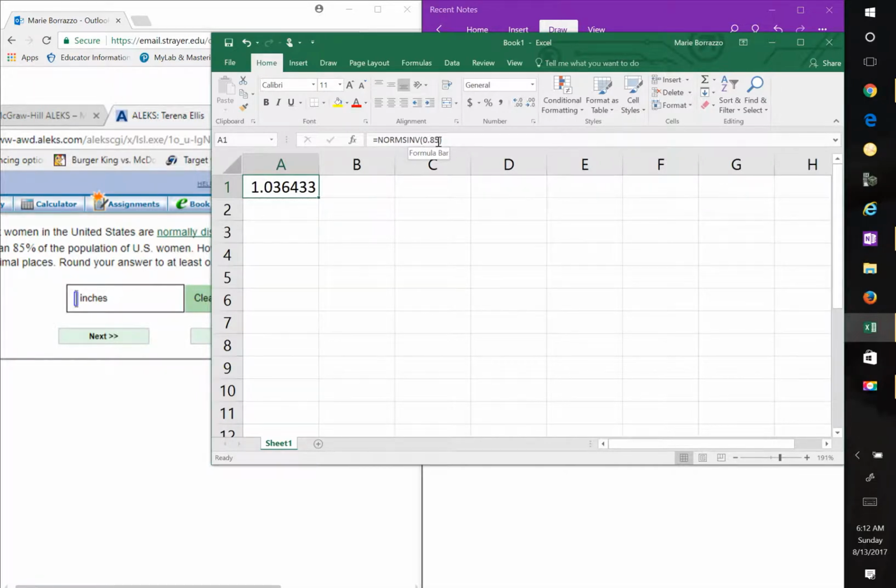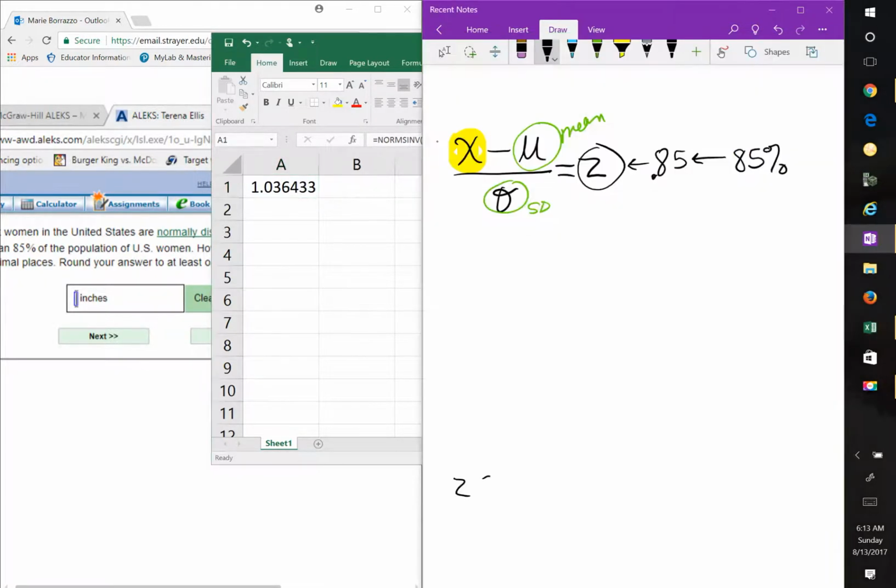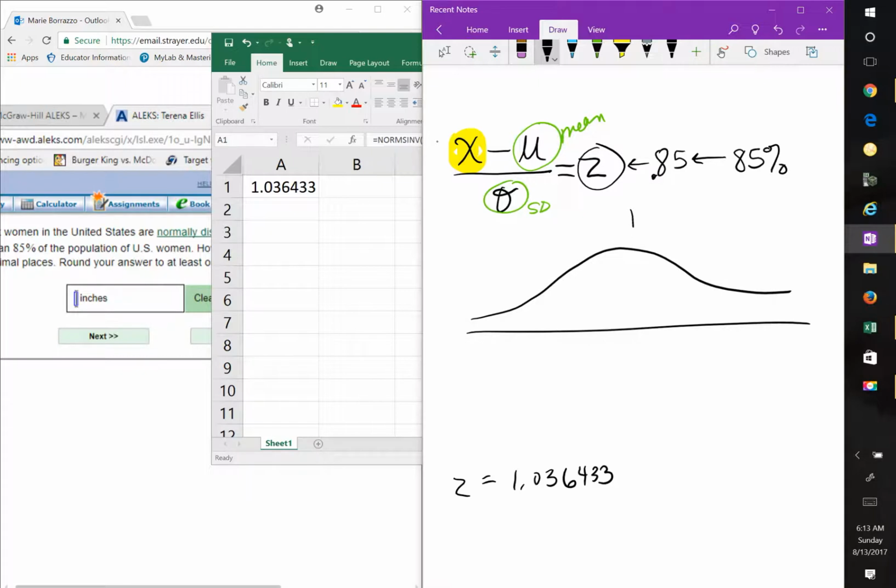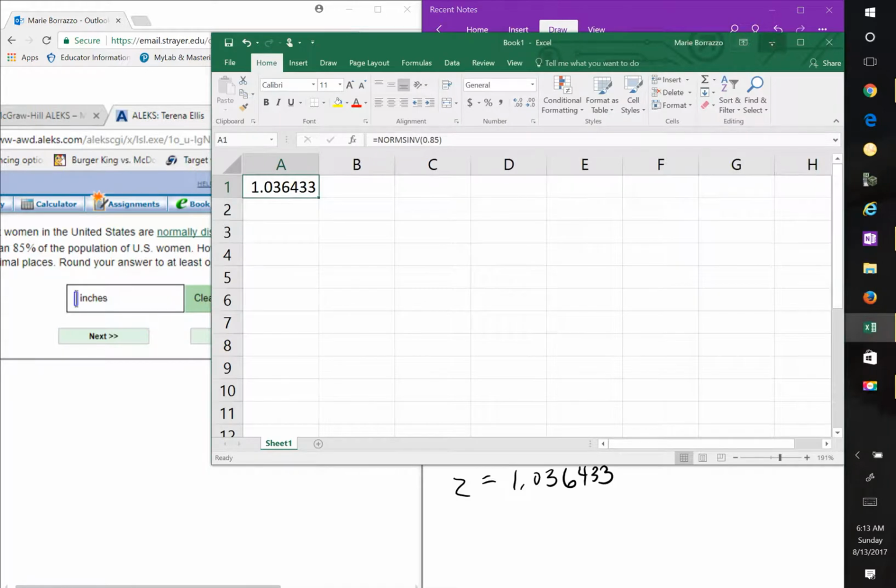Now what I need you to understand is that the Z-score, which in this case we computed to be 1.036433, if I'm looking at this diagram, here's your normal distribution. Let me go back here, close this.